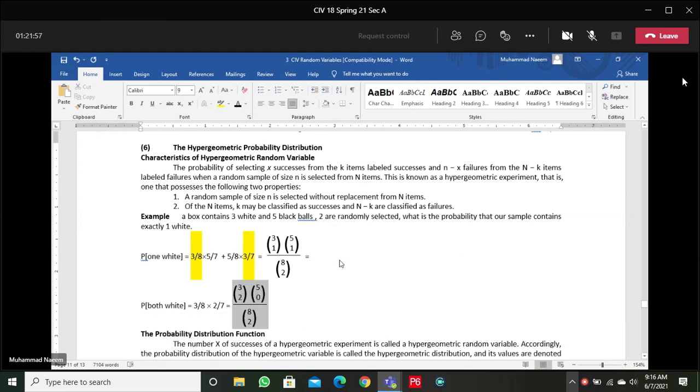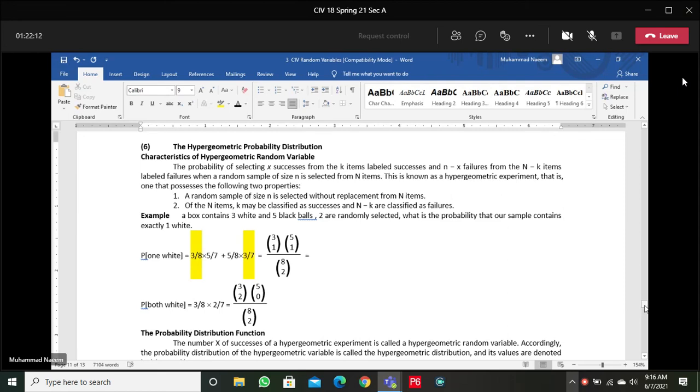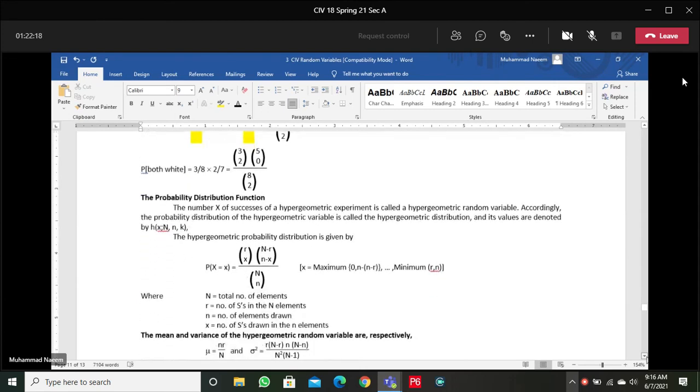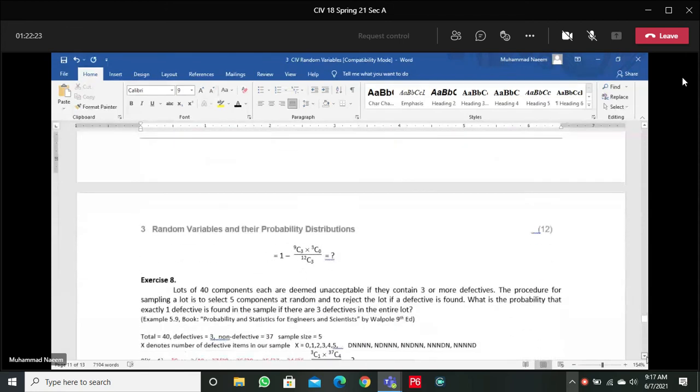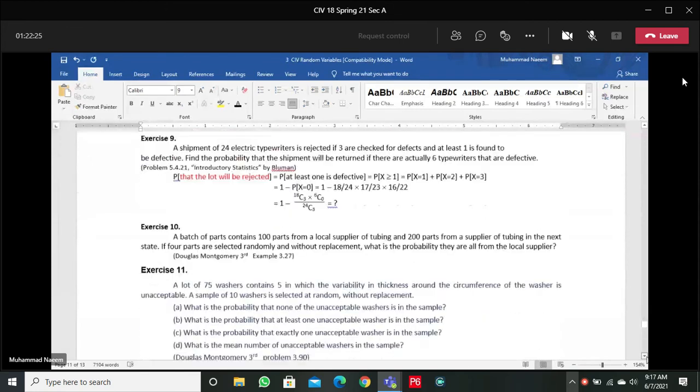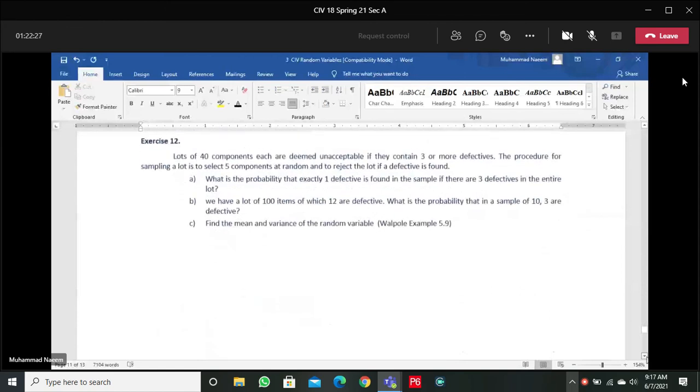Total possible cases are the same. So this will be the answer if you prefer the combination rule. This technique we have already discussed: the case of without replacement, or use the combination rule. Try to understand these solved problems and also some unsolved ones. That is the end of our chapter.